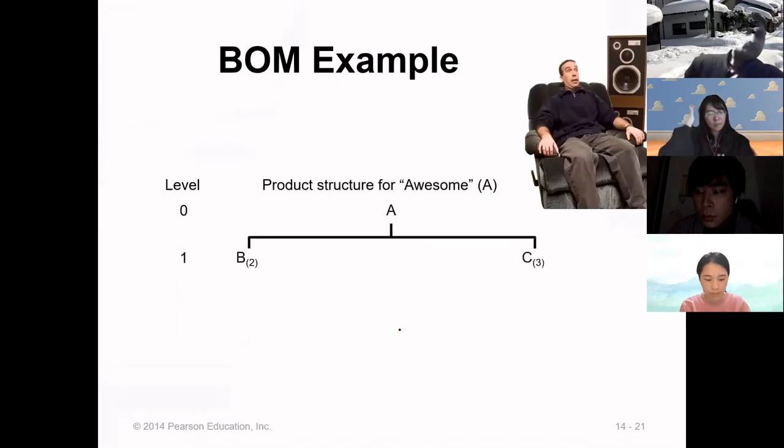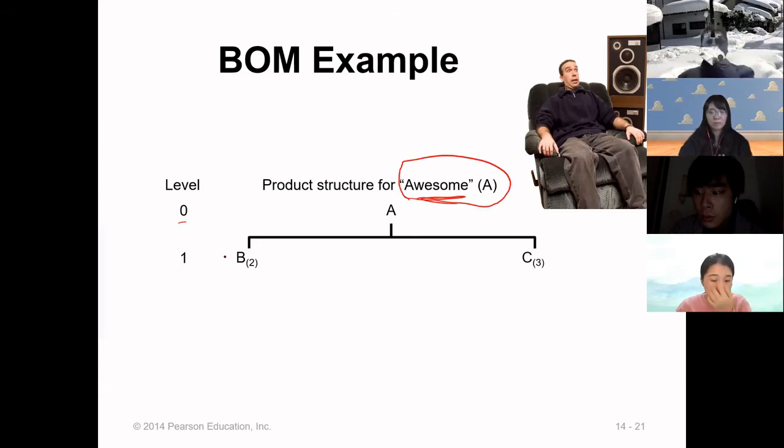So let's think about this amplifier. The amplifier is called Awesome. The product name is Awesome A. At level 0, which is the product level, the highest level. In order to make Awesome, you need two big assemblies or components.